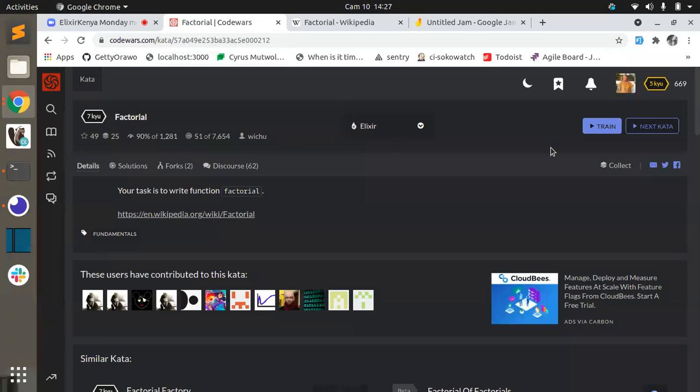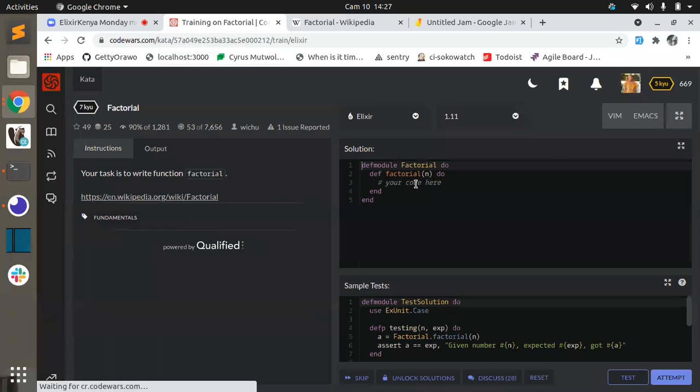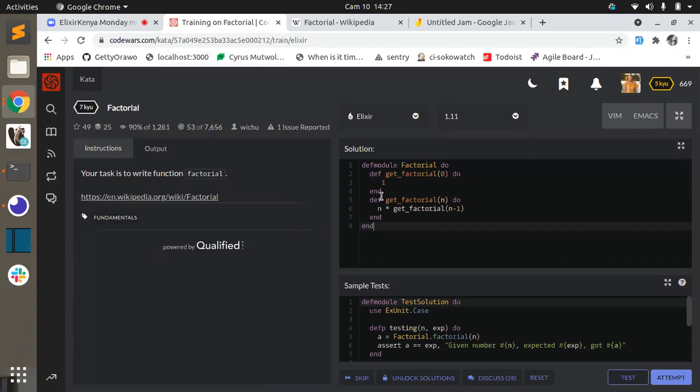Alright, I think it's get factorial instead of factorial. Drum roll please.